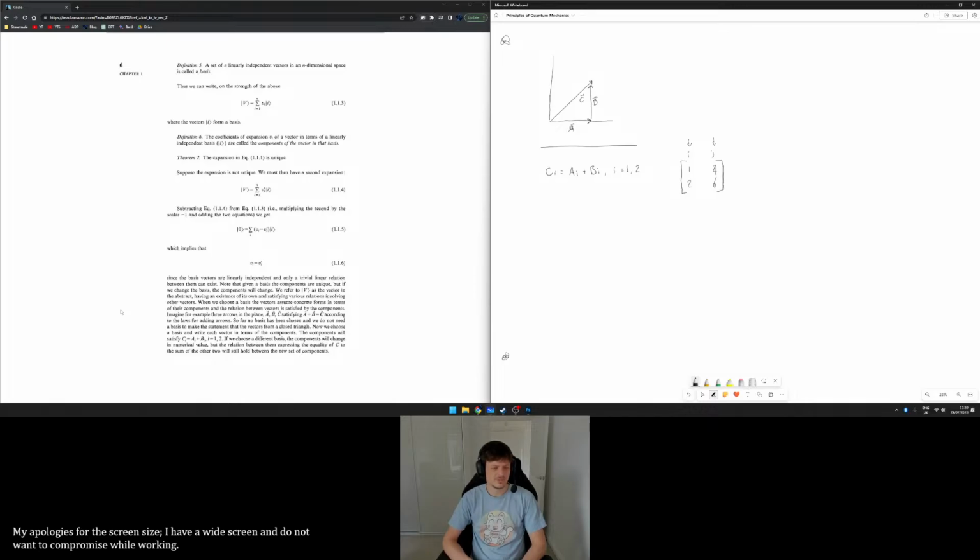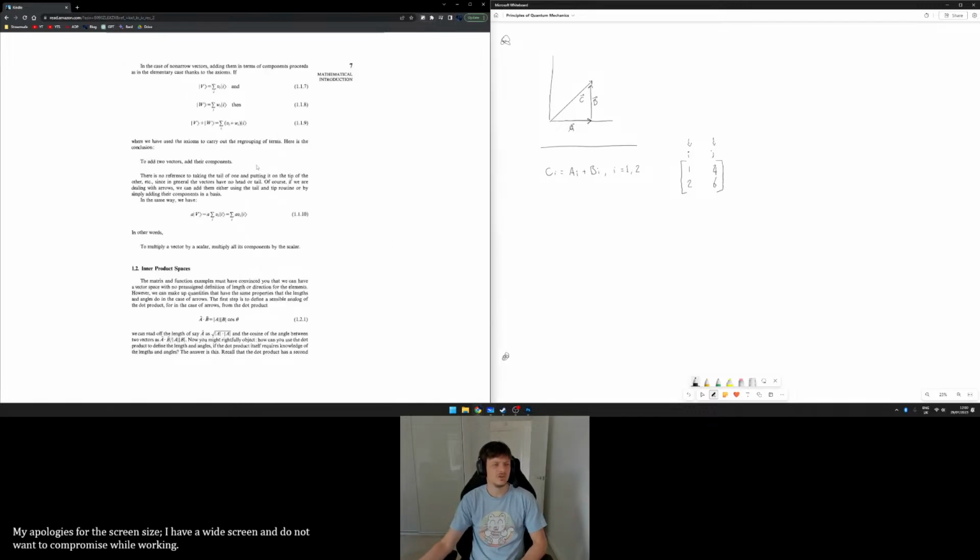The components will satisfy C equals A plus B. If we choose a different basis, the components will change in numerical value, but the relation between them expressing the equality of C to the sum of the other two will still hold between the new set of components.